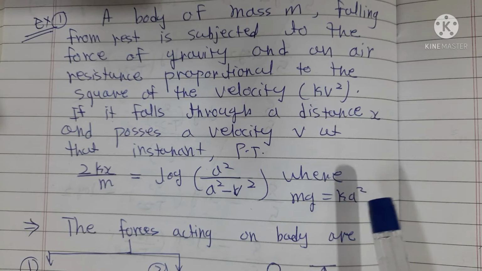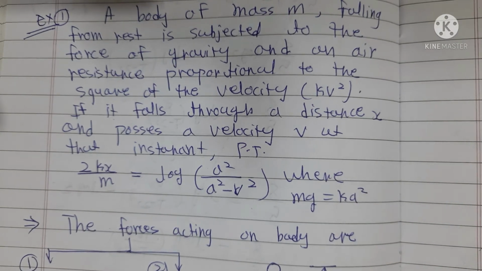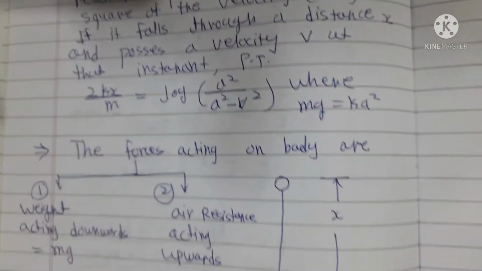Now here consider the rectilinear motion. Rectilinear motion means the motion in a straight line of the body. In such type of problem, there are two conventions.